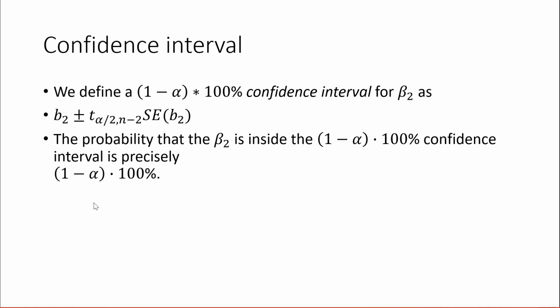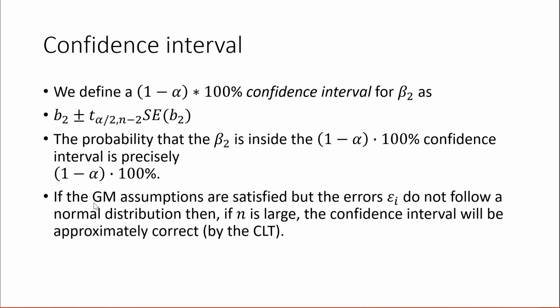And if they're not, if the Gauss-Markov assumptions are satisfied but the errors follow another distribution, not normal, then as long as n is large, this interval will be approximately correct. Typically, if n is larger than, say, 30, the difference between the confidence interval calculated by this formula and the correct confidence interval is typically minor.